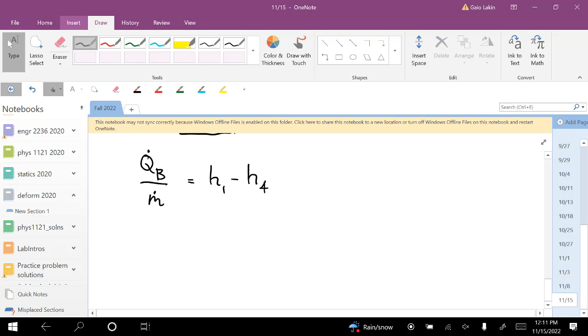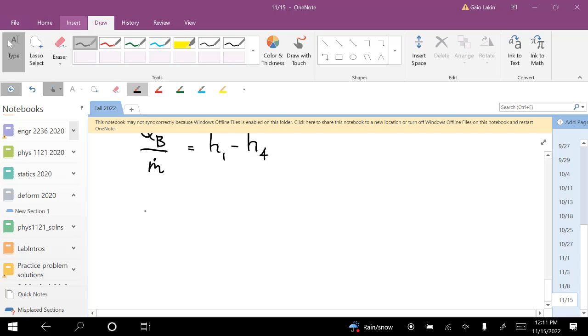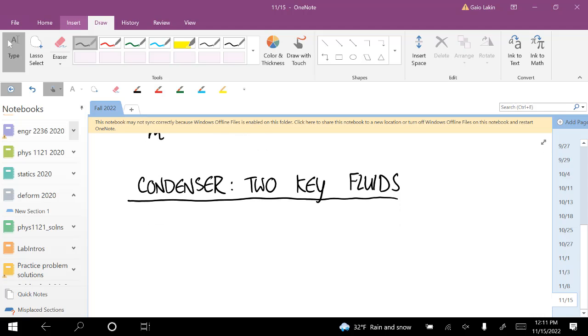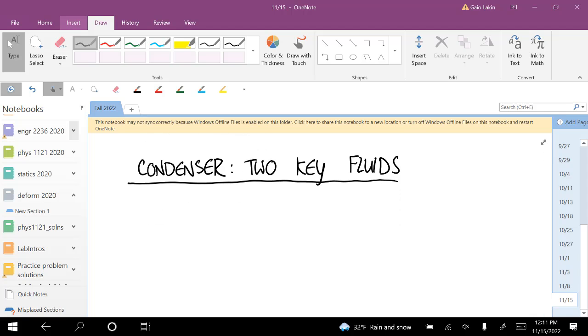So before I go into a long problem, I want to say a little bit about the condenser. There are two flows of key fluids in the condenser. Okay, so this is the condenser.